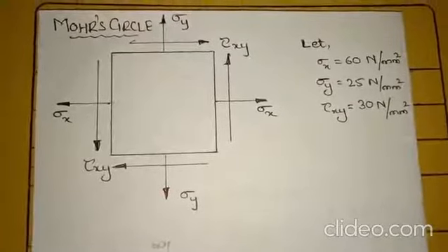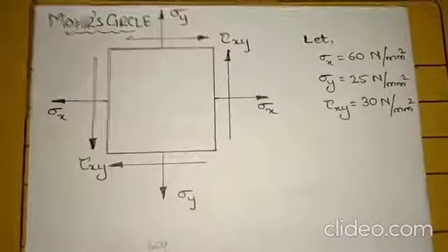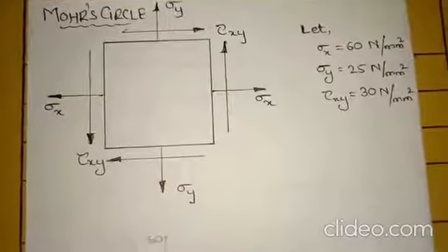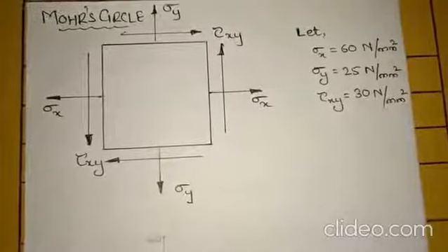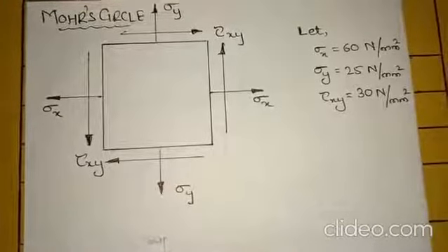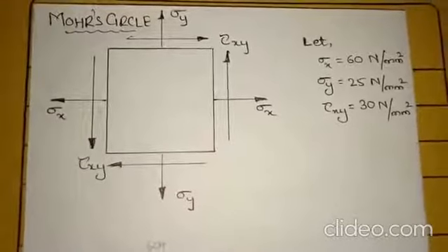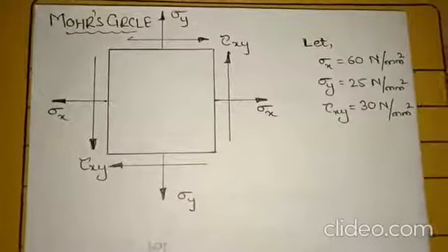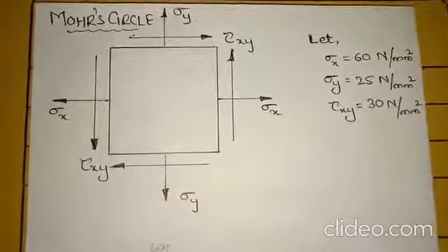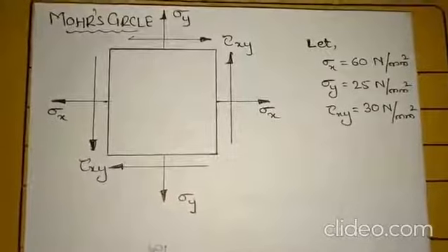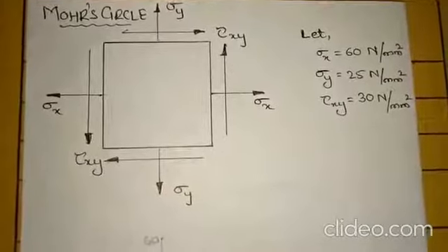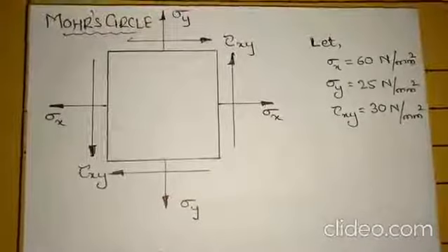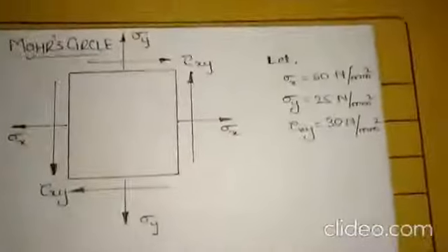We use Mohr circle to find the principal stress, principal plane locations, and if any plane of interest at any particular location is there in the stressed element, then what will be the normal stress on that plane and what will be the tangential stress, that is shear stress on that plane. All these things can be found out by a graphical approach.